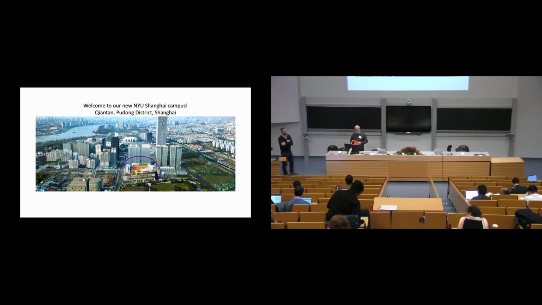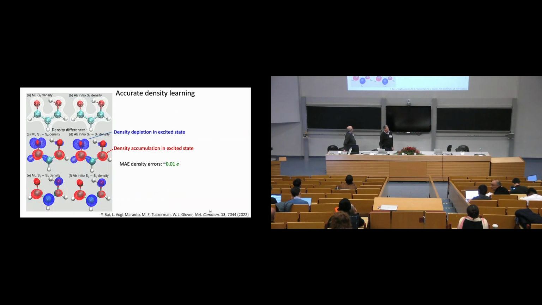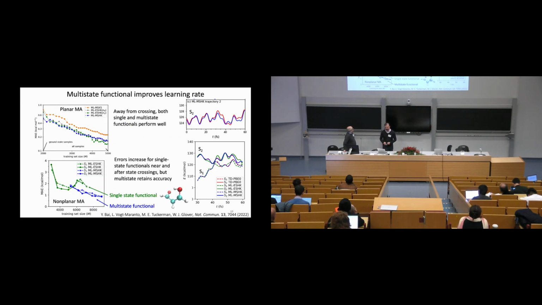Hello? All right, so thank you for your presentation. Before tackling the electronic density directly, have you considered just doing this multi-state learning to the energies directly instead of going to the densities? Yes, I'm not sure if I showed those results. Maybe I trimmed them out. Yeah, those are the orange results. So you can see they're significantly worse, even for the planar molecule where there are no electronic crossings.